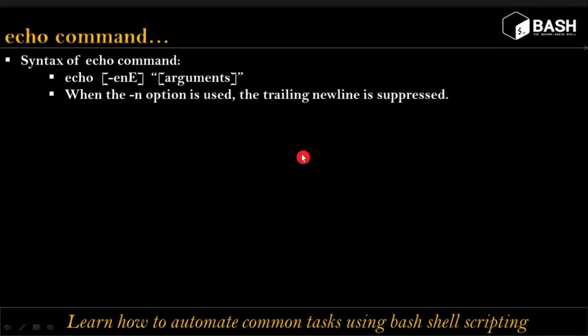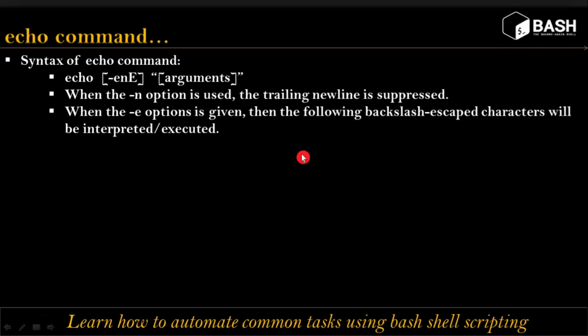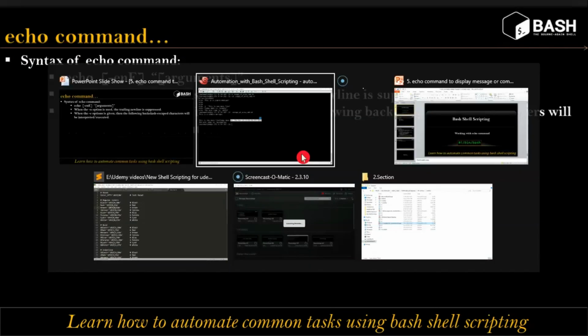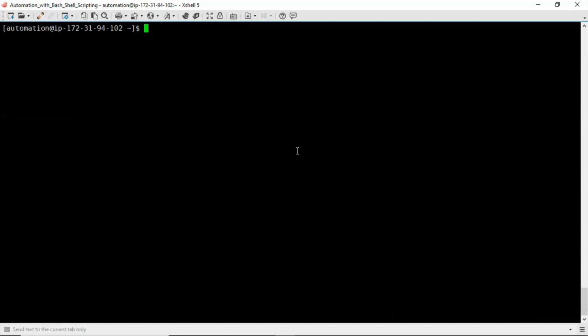That's fine. Now, the second thing, the -e option. It is used to execute backslash escaped characters. Before using that, let me explain a very simple example. Suppose I am writing one more shell script with echo.